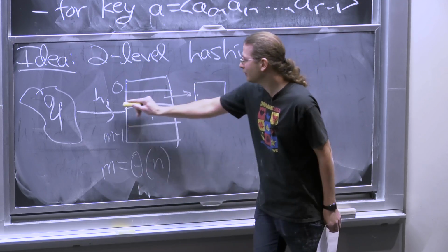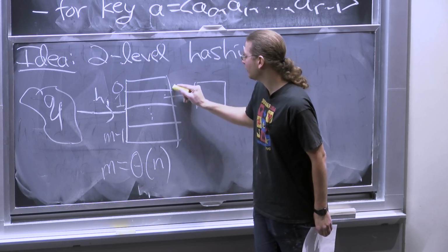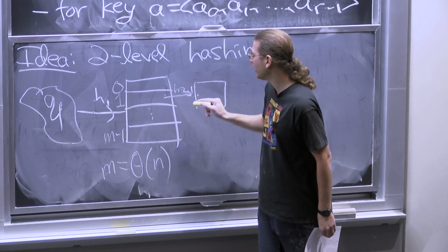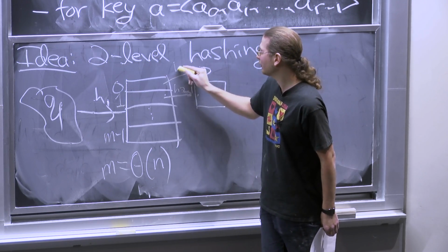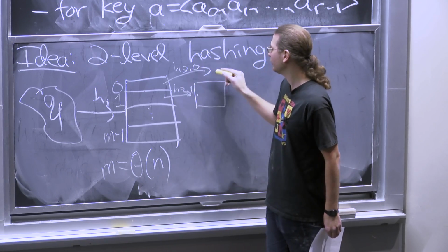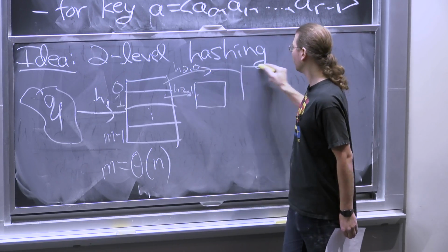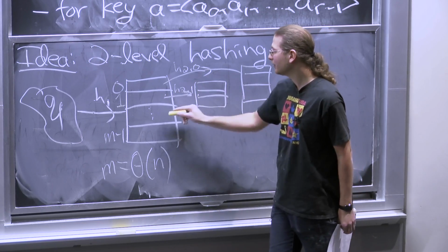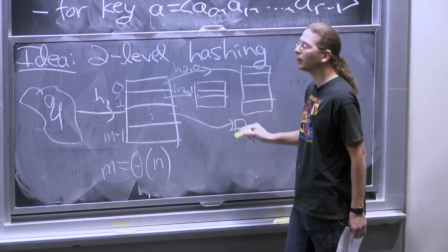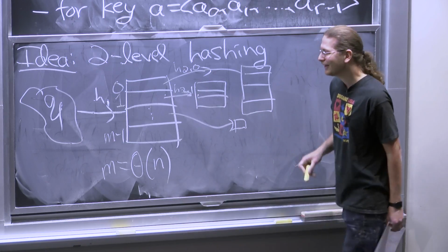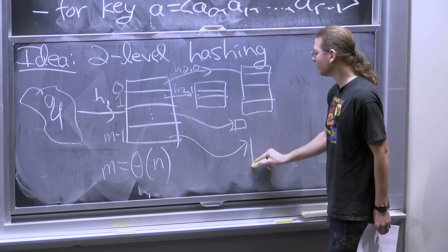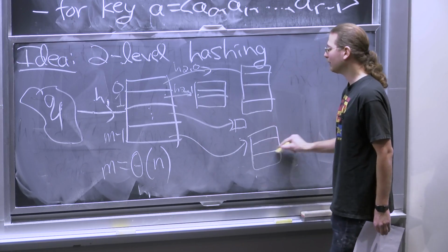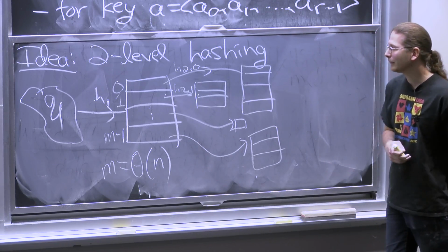we're going to have, so this is position 1. This is going to be h2,1. It's going to be another hash function h2,0 that maps to some other hash table. These hash tables are going to be of varying sizes. Some of them will be of size 0 because nothing hashes there. But in general, each of these slots is going to map, instead of to a linked list, to a hash table.